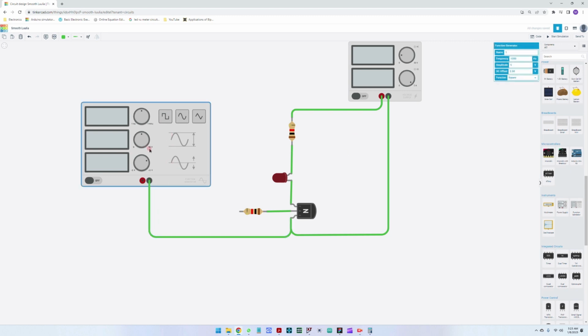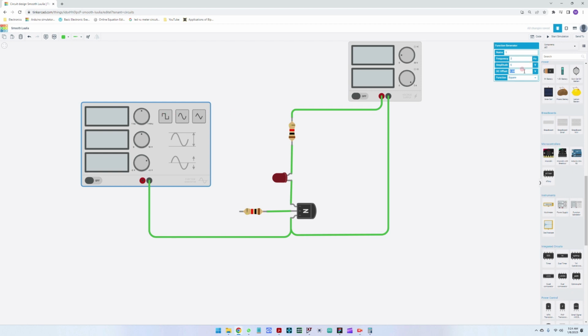One quick setup for the signal generator. For the frequency, just so that we see it, let's put 2 Hertz. For the amplitude, 5 volts is more than enough, and the DC offset is 2.5. So what would this give us? It would give us a signal going from 0 to 5 volts with a 2 hertz frequency. 1 hertz is once a second, 2 hertz is twice a second.